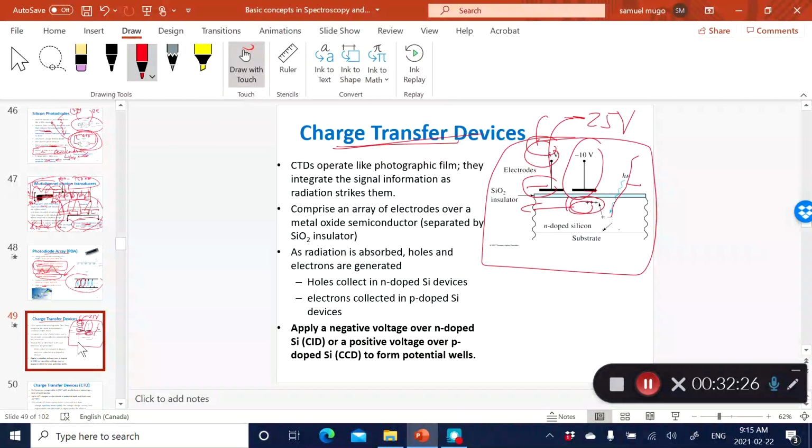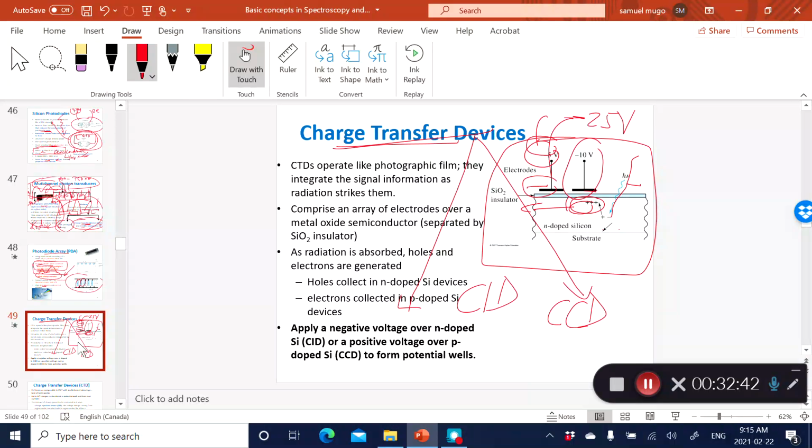And so with the charge transfer devices, you can have what you refer to as the charge induced device, or you can have the so-called charge coupled device.